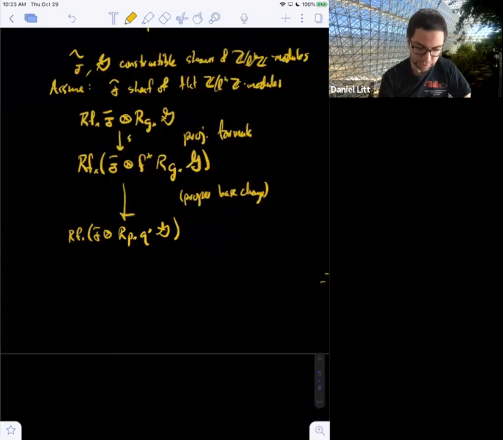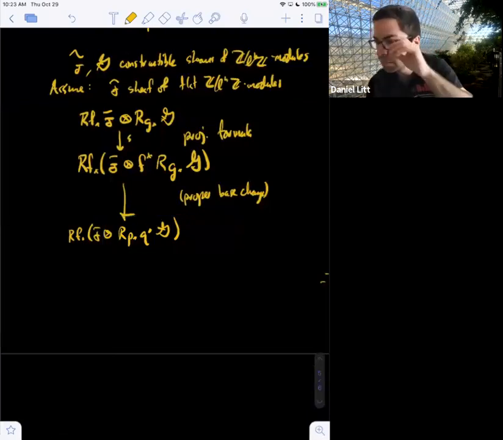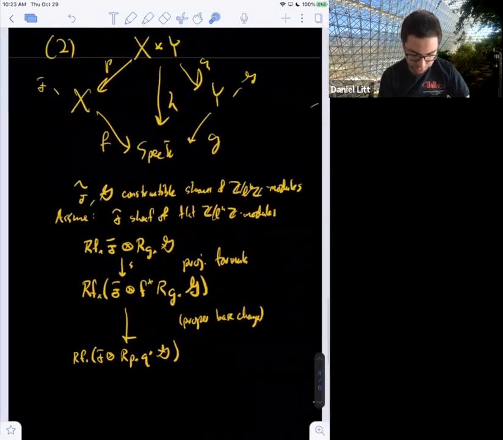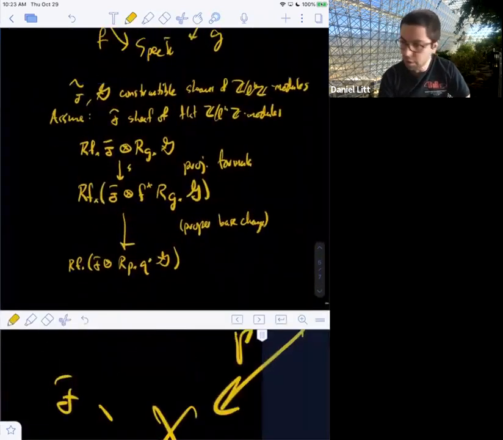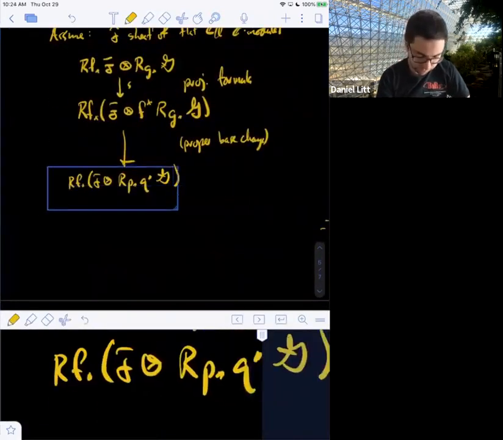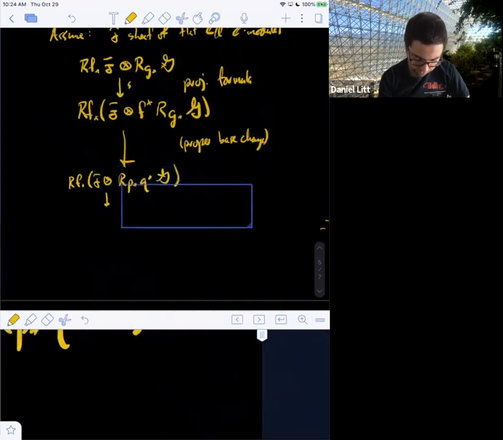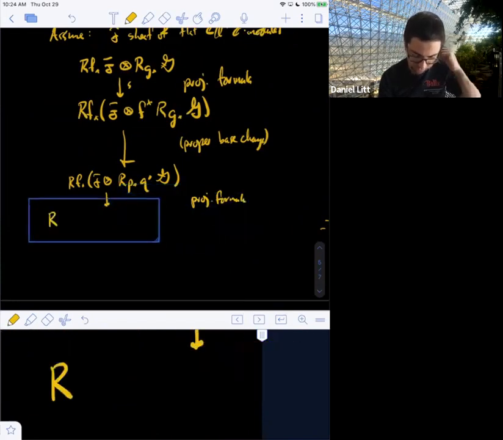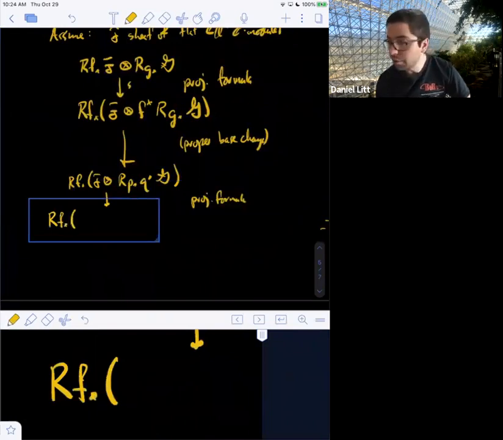So here we're taking F tensored, so something on X tensored with the push forward to X, and that's the sort of situation where you can apply the projection formula. So this is the same by the projection formula as our, let's see, our F lower star of, what do we get?